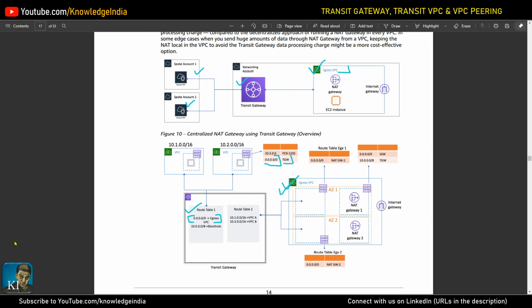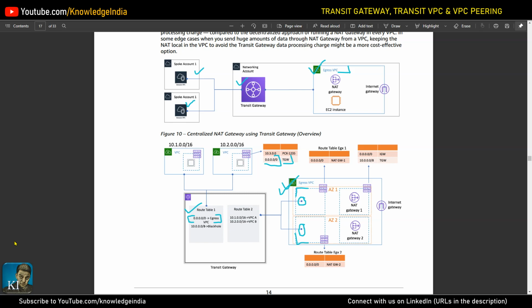If you see in the egress VPC, please see this carefully. This is one subnet and this is another subnet. And in these subnets, these are the ENIs which are created, right? These are the 2 ENIs which are created for the Transit Gateway. If you remember, we had discussed this, that whenever you are attaching a Transit Gateway to a VPC, if possible, go ahead and choose a completely separate subnet, right?